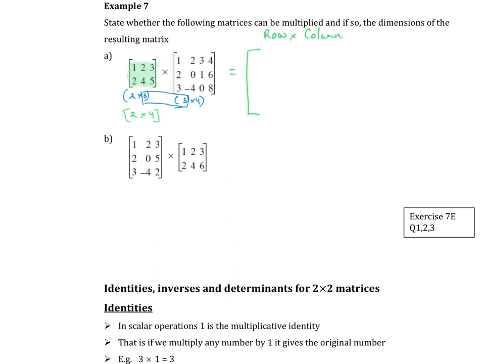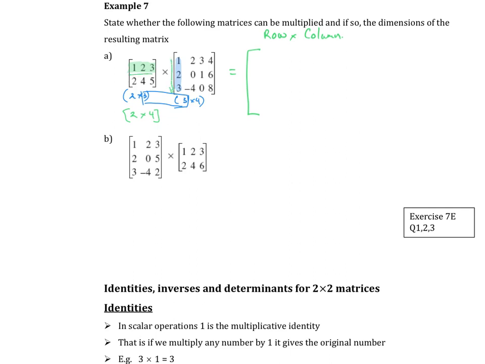There's my green matrix. There's my blue matrix. So what might be better is let's concentrate on this row and that column. All right. And so what we do is I'm going to multiply this row of numbers by this column of numbers.